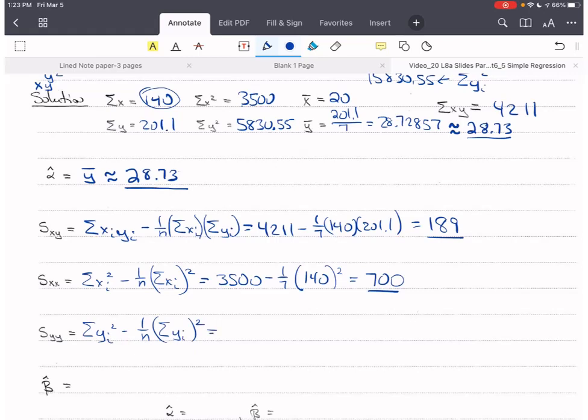The sum of yi squared is 5830.55 minus 1 over 7 times 201.1 quantity squared. And this is, using the calculator, 5830.55 minus 201.1 squared divided by 7 gives me 53.234.